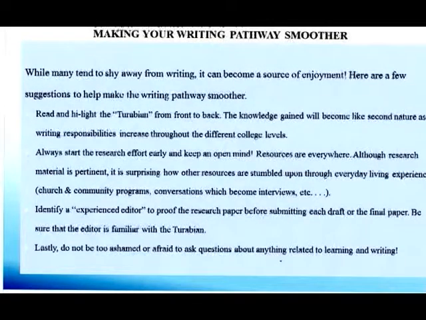Now, I just want to cover a few more writing tips, and that is determining what person you're going to write in. There's first person, which is I or we. Second person is you. Third person is he, she, it, or they. Okay?